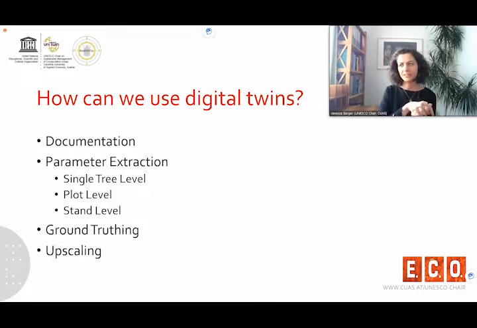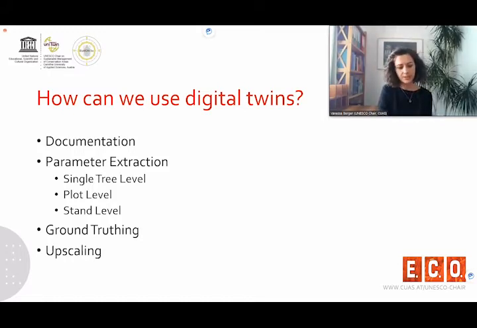So you have a 10 or 20 meter diameter and can extract these and the stand level. Another important thing is ground truthing, because we all know a remote sensing product, so you have Sentinel, Landsat, and so on, and therefore you need also ground truthing. So you have to know what is out there, not only a picture from the satellite. And TLS especially is nowadays used as ground truthing because it's more accurate than if people are going out and write down how the tree looks. And also for upscaling.